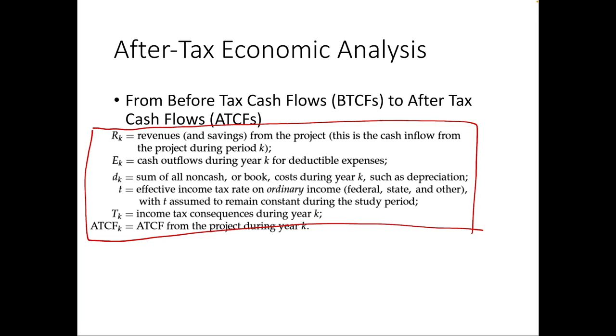And T is the effective income tax rate on ordinary income. So T is always given in the problem. And the capital TK is the income tax consequences during year K. So that's the tax you pay or you owe every year. And ATCFK is the after-tax cash flow for that year K. Okay, so those are just terms we use.